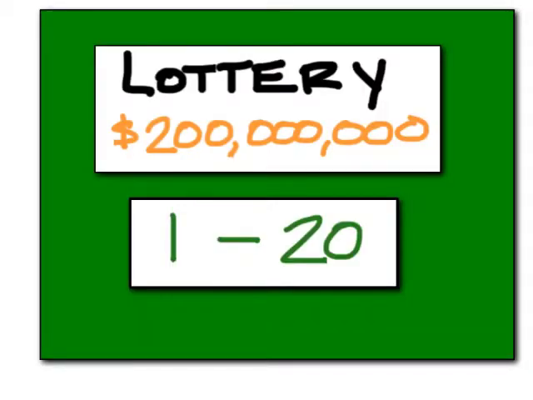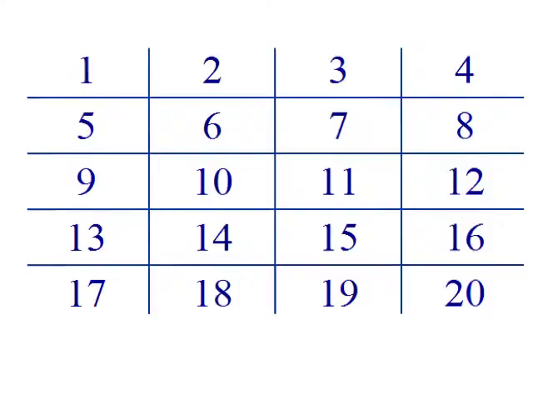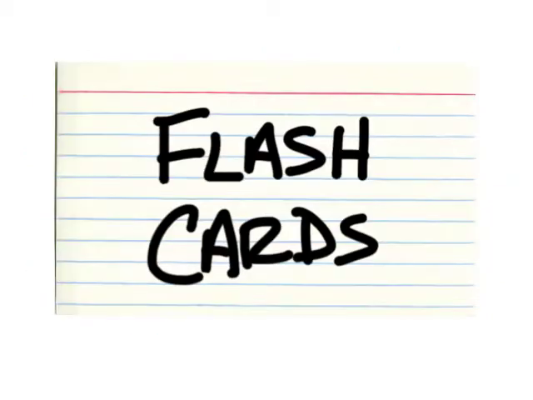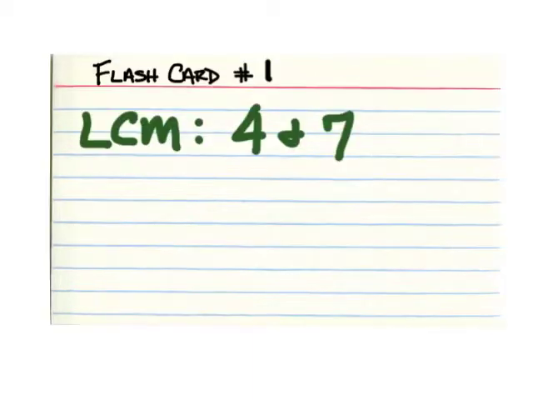Pick a number from 1 to 20. The numbers today are 17 and 6. What is it? 28.